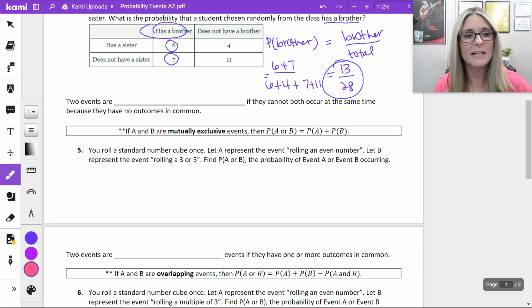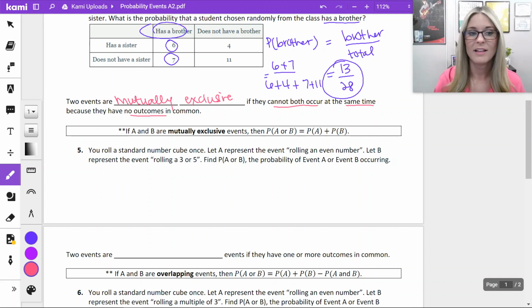All right, let's look at our next section here. 2 events are called mutually exclusive if they cannot both occur at the same time because they have no outcomes in common.